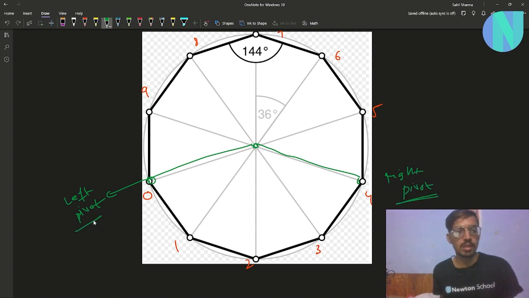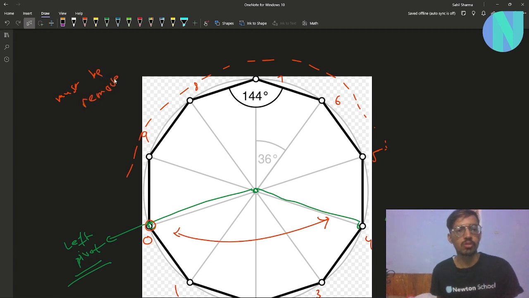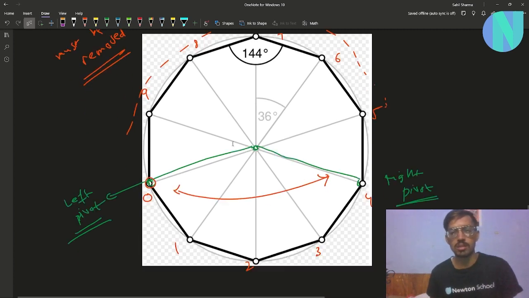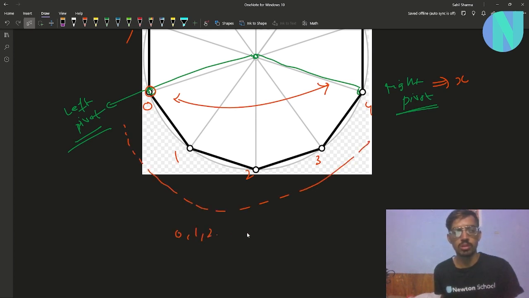Now what can I say about the other pegs? All the pegs that are not in the range from left to right must be removed. So all the pegs from 5 up to 9 in this case must be removed. In a general sense, if you choose some value x, for example, let's say your right pivot is equal to x, then the number of pegs from 0 to x are how many? 0, 1, 2, 3, and so on up to x.